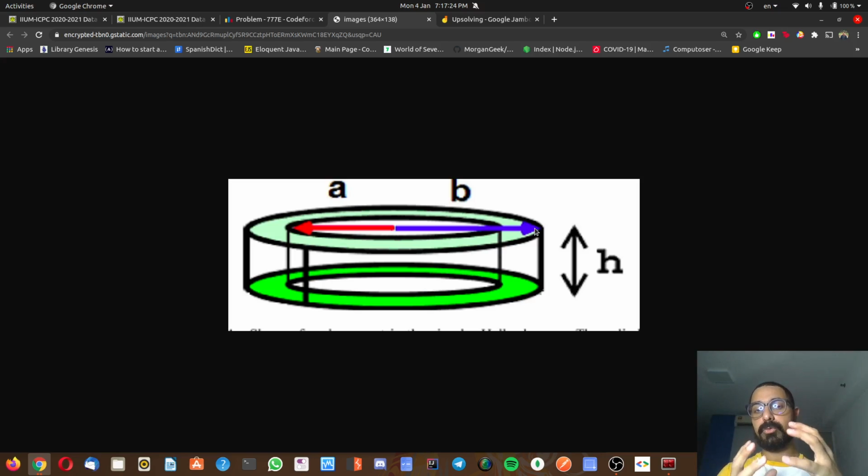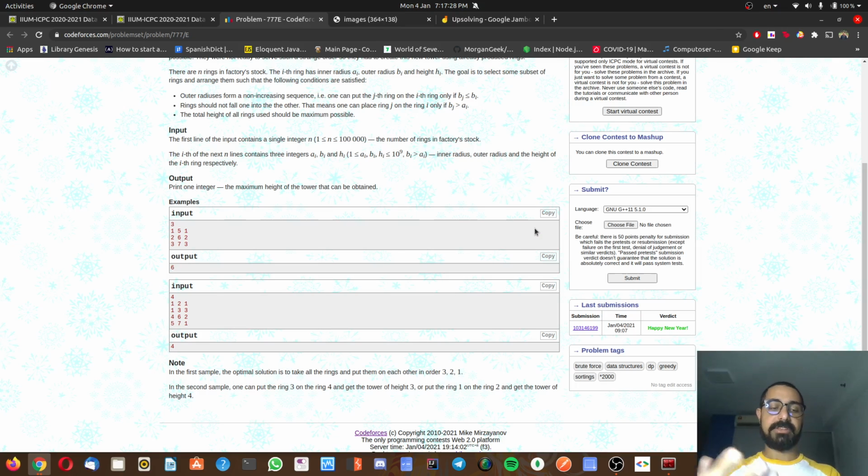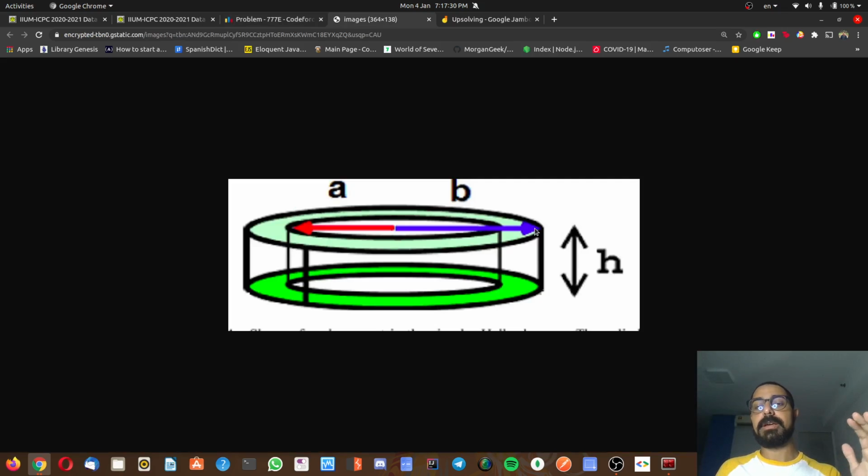To make the calculation easier, we will assume that we merge all rings with the same outer radius into one. So if I have two rings with the same outer radius, we will merge them into one newer ring with the same outer radius.